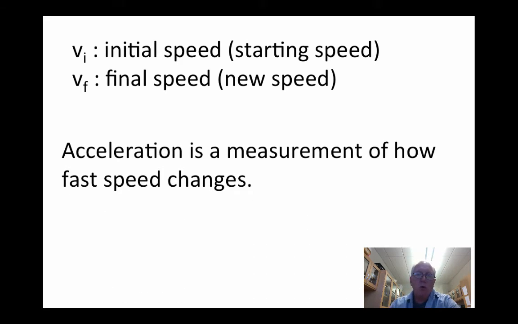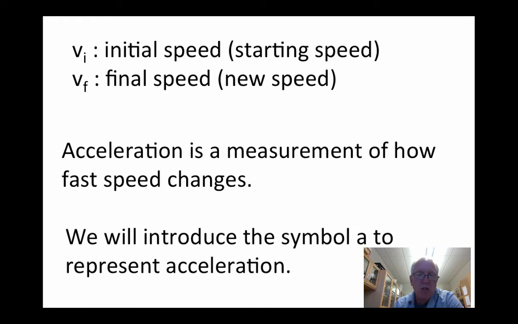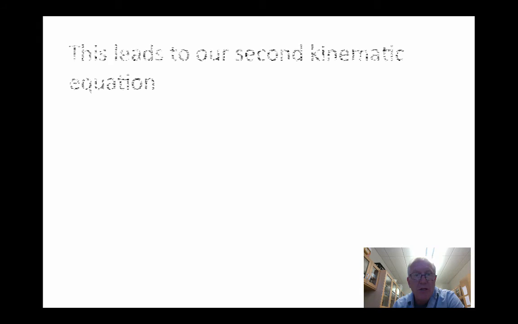Okay, so acceleration, our topic for this presentation, is how fast the speed is changing. So it's not just the change in speed, but it's also how fast that's happening. So time is going to come into it as well. So now we're also going to introduce another new symbol, and that is a for acceleration.